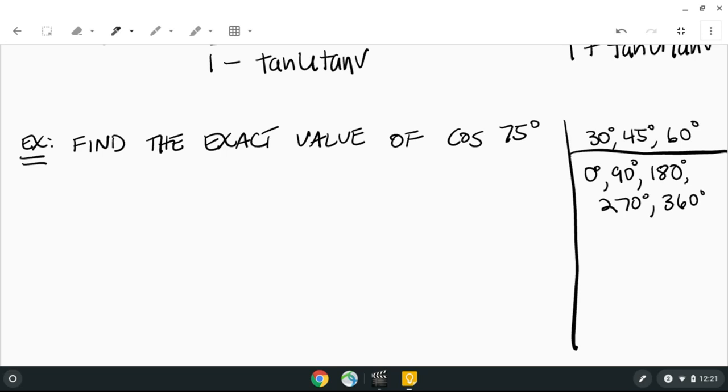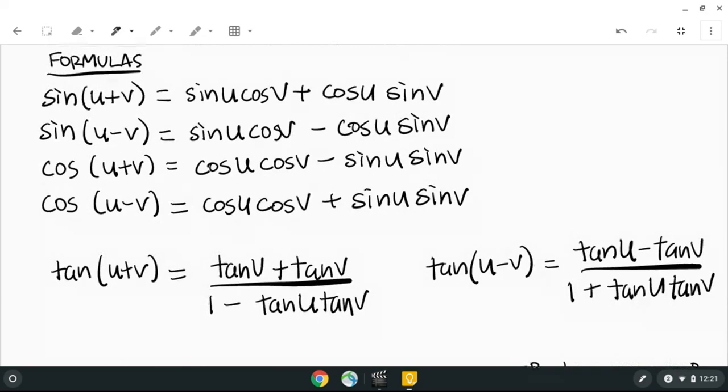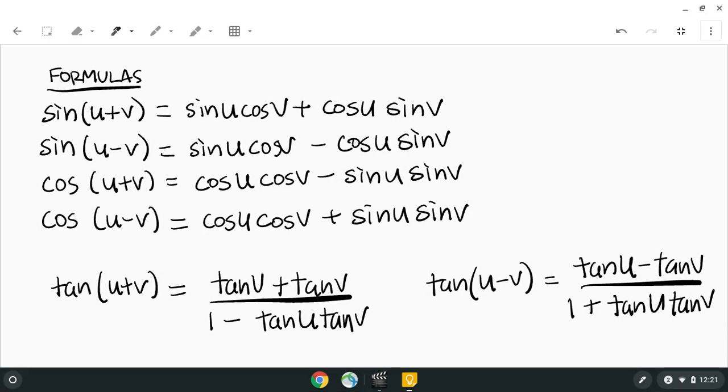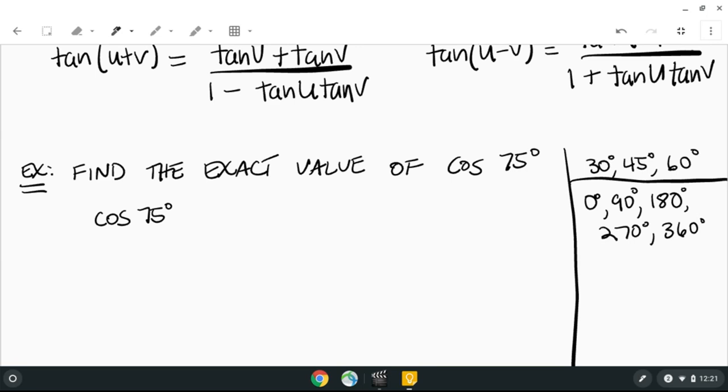So here, what you want to try to do is rewrite the 75 degrees using angles that you have memorized. Is there another way we can rewrite 75 degrees as a sum or a difference of these known angles here off to the side?